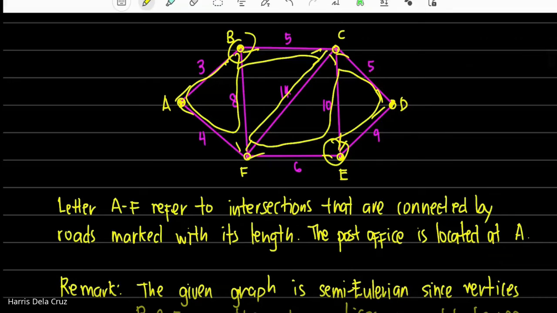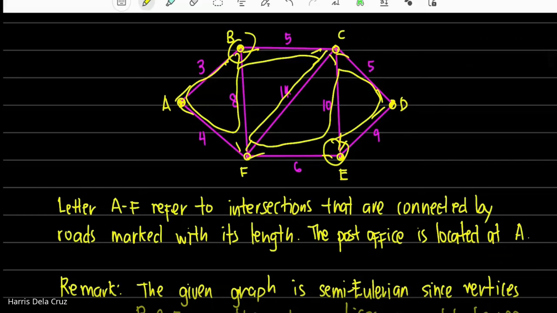So ibig sabihin, kung gusto mo makabalik kay B, kailangan mo maghanap ng shortest path from E to B. Pero we're already done with finding the shortest path. Gagamit ka lang ng Dijkstra algorithm. Diba? Gagamitin mo lang yung Dijkstra. Mahanap mo na yung shortest path.